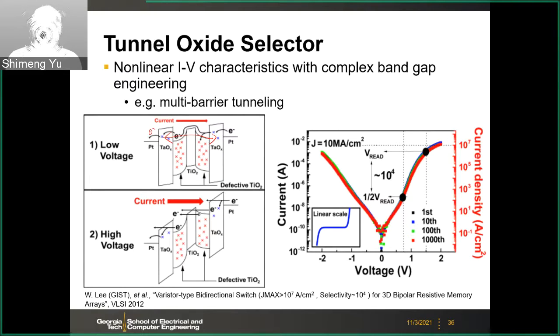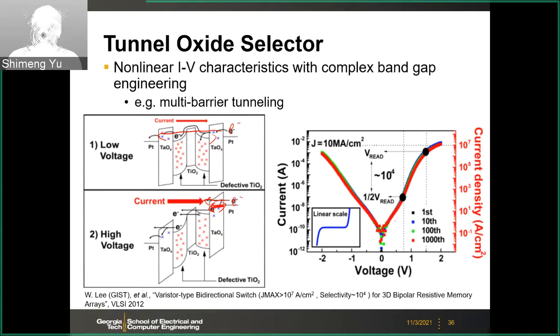At high voltage, because the band is bent by the high voltage, electrons only need to pass this very thin barrier. Then the current will increase exponentially.